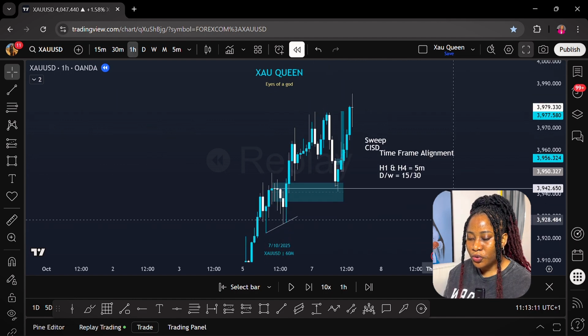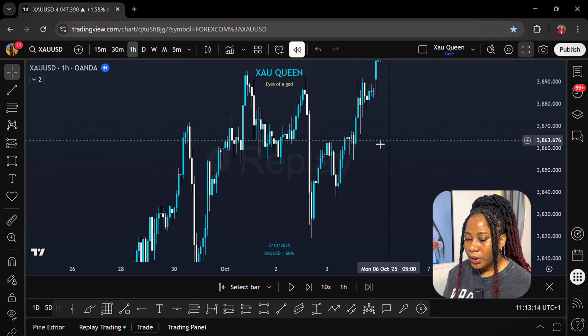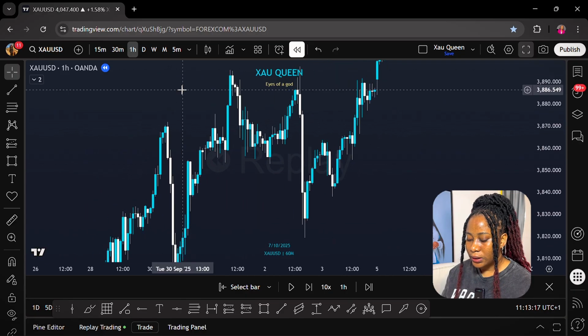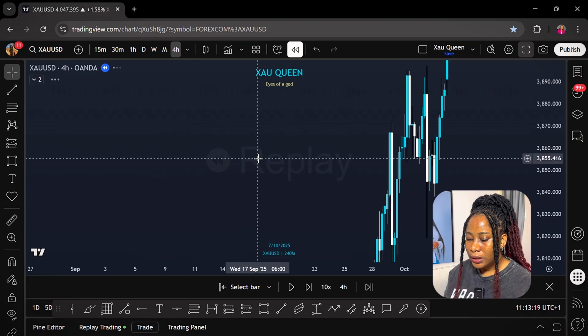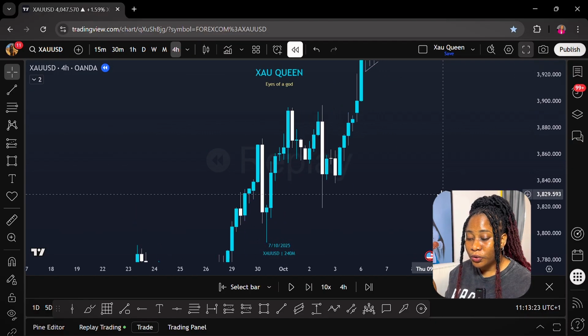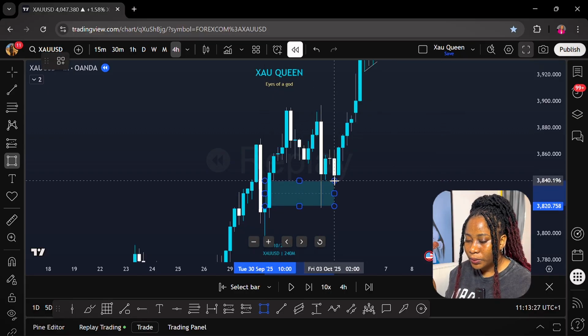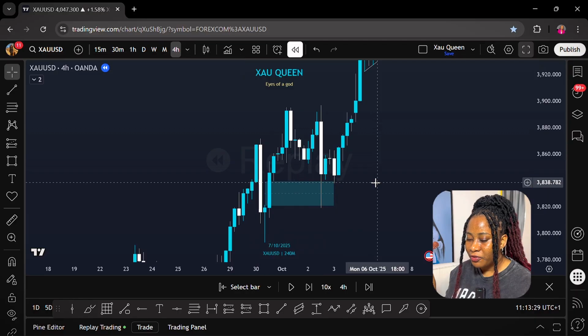So let me use trades that I took. For example, I took this trade. Let's go to the 4 hours. Do you know why I love this trade? I love this trade because see, this was a 4-hour FVG.